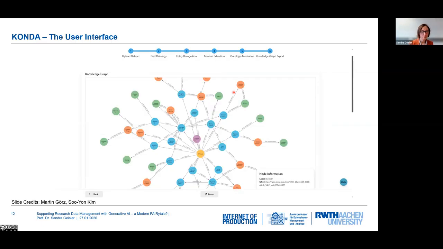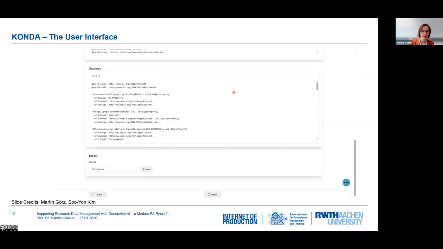And then in the end, we get a knowledge graph like this, which represents the metadata that we've found. Okay, good. And this is then also how we see the ontology as RDF and the knowledge graph as RDF, where we can then export it. Okay, good.